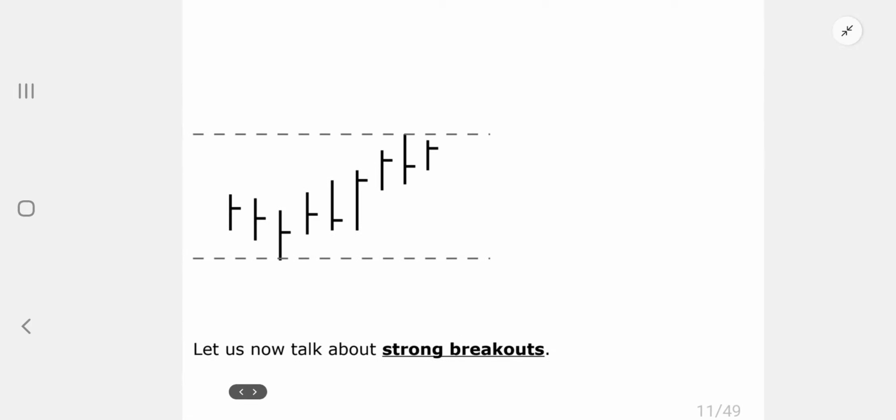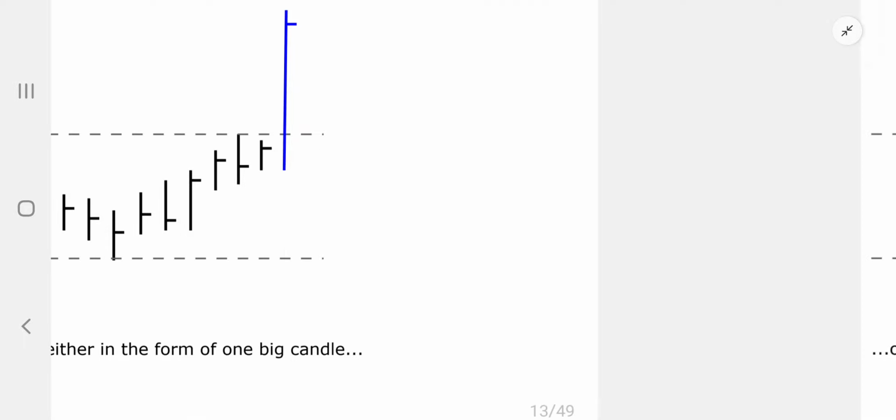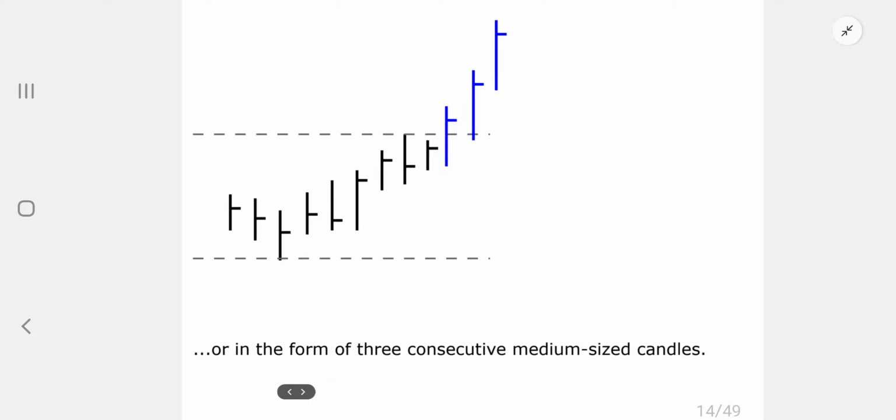Let us now talk about strong breakouts. A strong breakout can occur in one of two ways. Either in the form of one big candle, or in the form of 3 consecutive medium-sized candles.